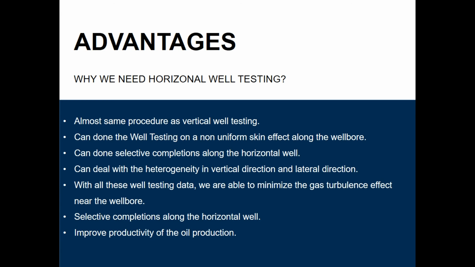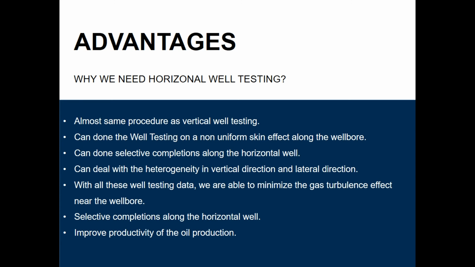Besides, the horizontal well testing data is very important for the selection of completion along the horizontal well. After we get the data, we can determine the zonal isolation that can minimize the well problems and damage. In short, horizontal well testing plays a very important role and has many advantages.